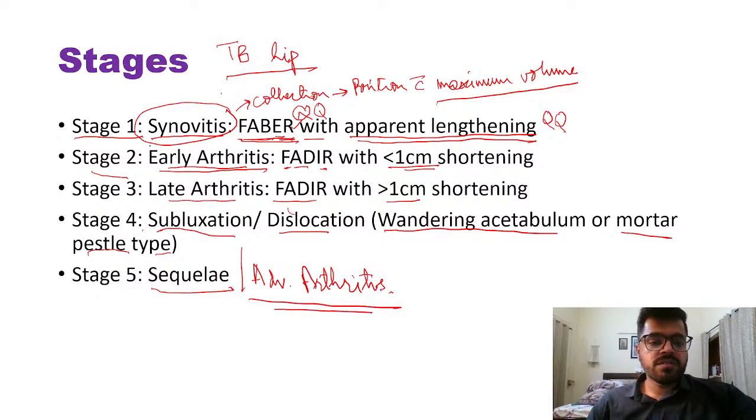So stage 1 is synovitis with FABER and apparent lengthening. The rest of the stages have FADIR and shortening. Stage 4 is dislocation or subluxation, and stage 5 is advanced arthritis.